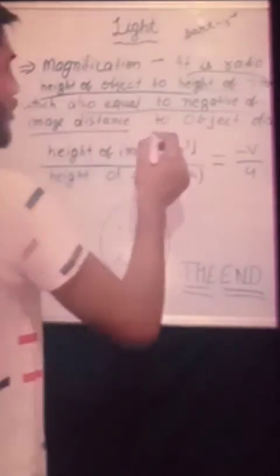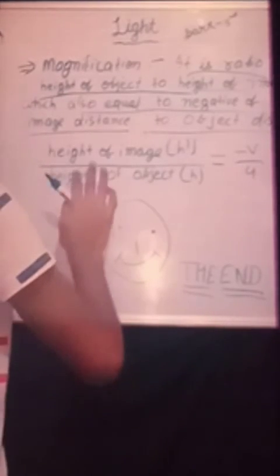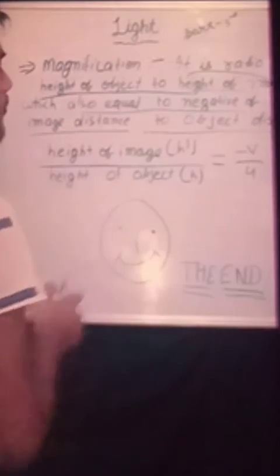Height of image by height of object also equals negative V by U. Height of image by height of object, or negative of image distance by object distance.